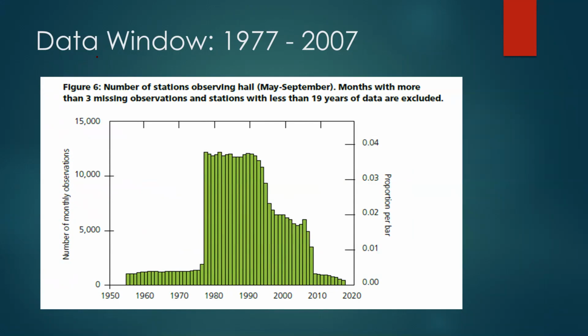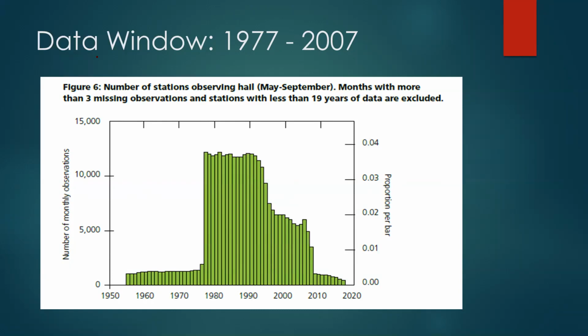Then over time, starting in the mid-90s, the number of weather stations observing hail began to decrease. And after about 2007, very few stations were observing hail anymore, as there was a transition towards automatic stations and budget cuts to Environment Canada.